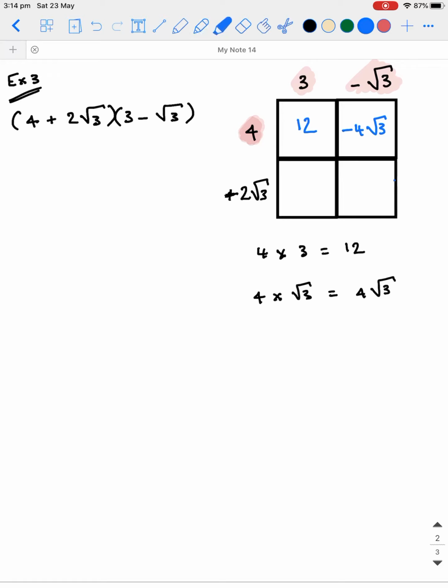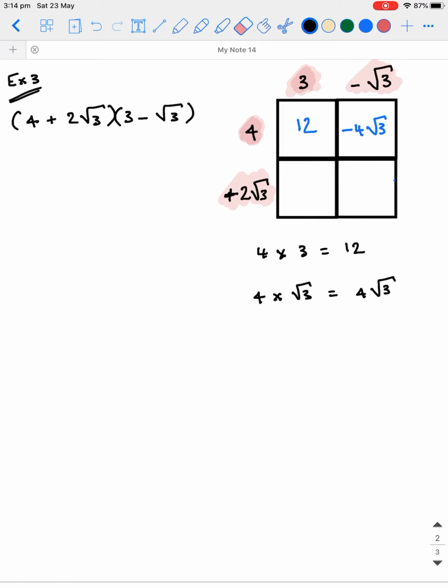If I take now the 2 terms underneath, what I now want to do is take the positive 2 root 3 and multiply that by this 3 again.